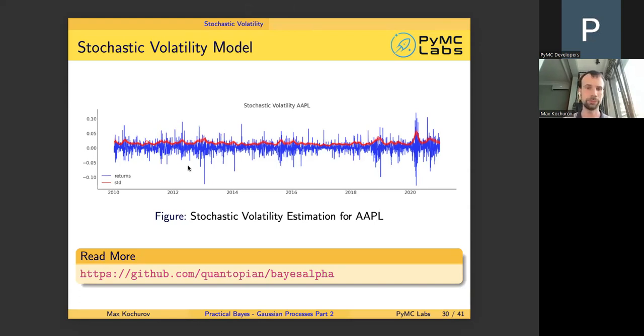We don't observe them explicitly, but we observe their influence on observed returns, daily returns in stock exchange data. And with the Gaussian process, we can, like a sliding window, estimate this volatility over time. And with stochastic volatility, sliding window is okay to estimate this volatility changing in time.